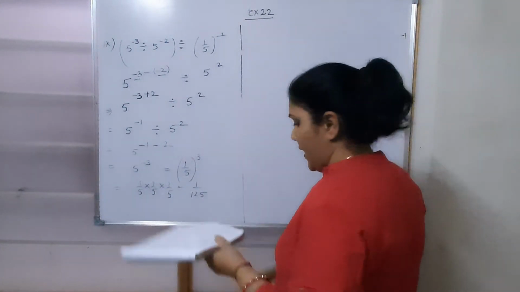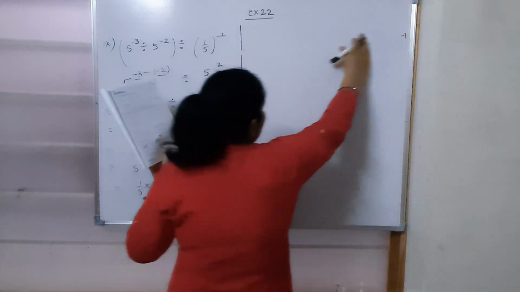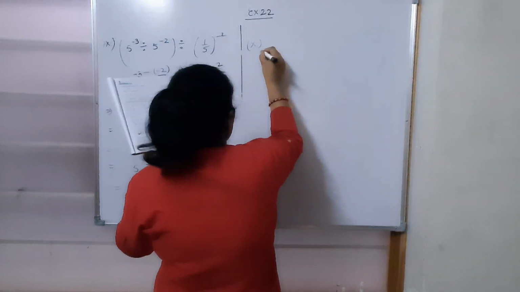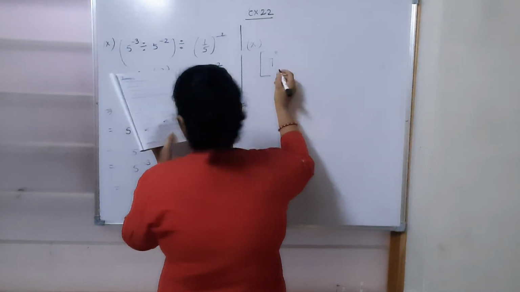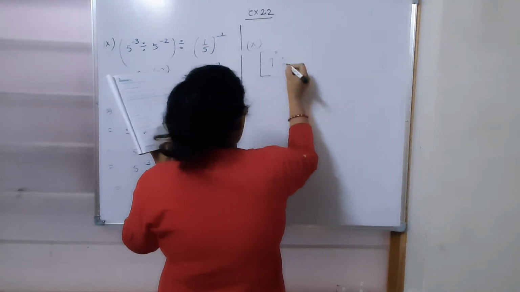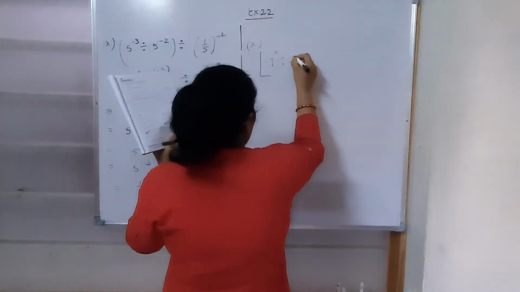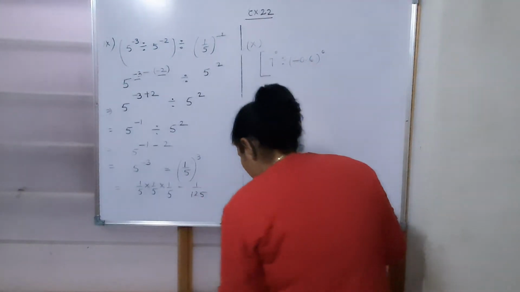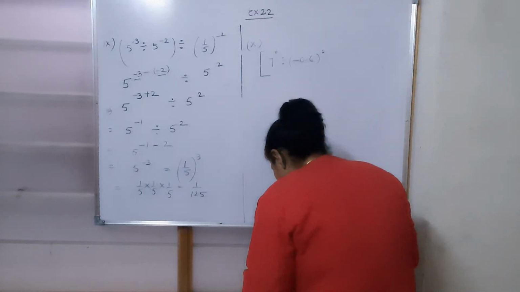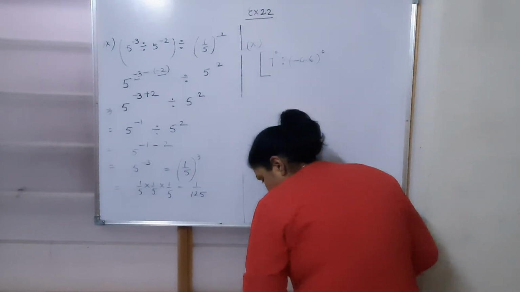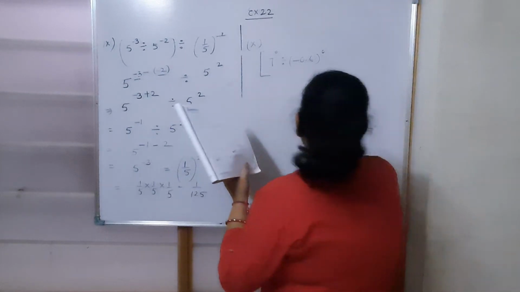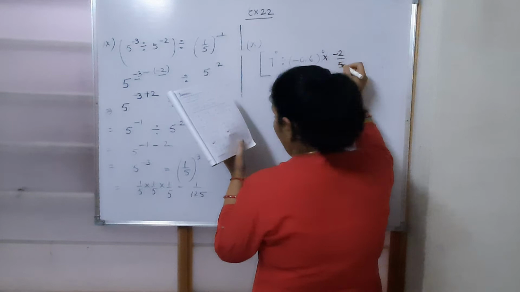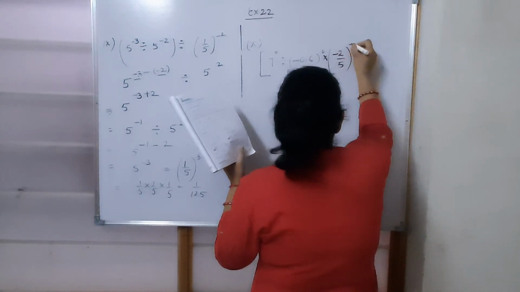Now the 10th part. In this question, we have 7 raised to the power 0 minus 0.6 raised to the power 0, then multiply sign, then we have minus 2 upon 5 raised to the power minus 3.